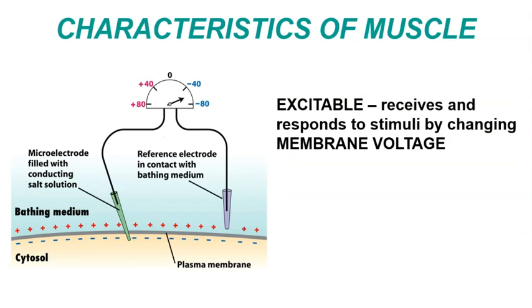And finally, muscle tissues are excitable, which means that muscles will respond to a stimulus by changing the voltage across their plasma membrane. And this creates an electrical wave called an action potential that will spread along the entire length of the membrane of that muscle cell. The action potential is what causes the muscle to ultimately contract.